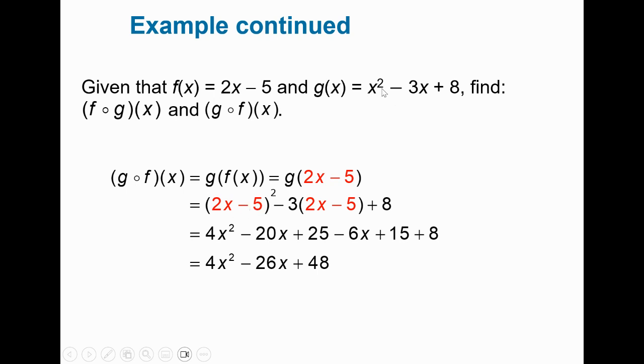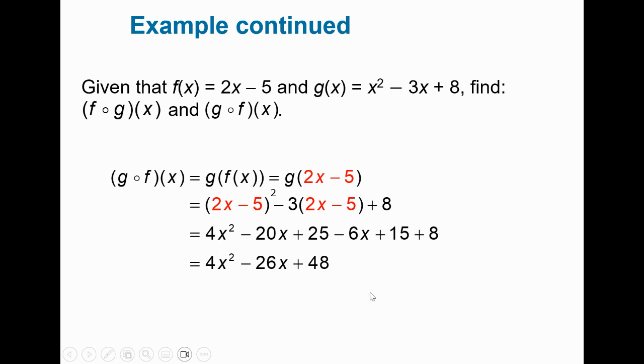There's my f function squared minus 3 times my f function plus 8. Foiling this out, making sure you get a middle term, minus 5 and a minus 5, minus 20, foiling. Distributing the minus 3 and combining like terms, as we've done before, simplifies down to 4x squared minus 26x plus 48.